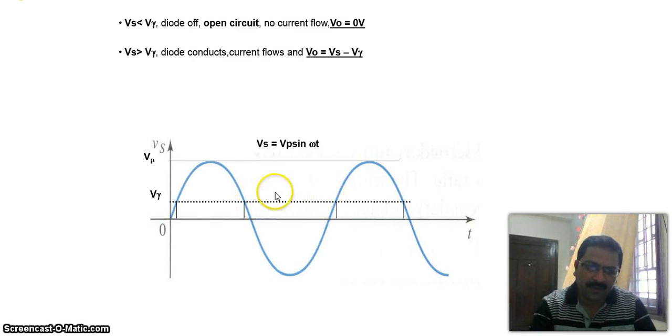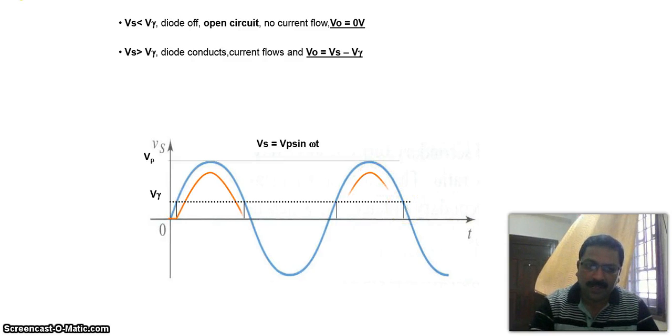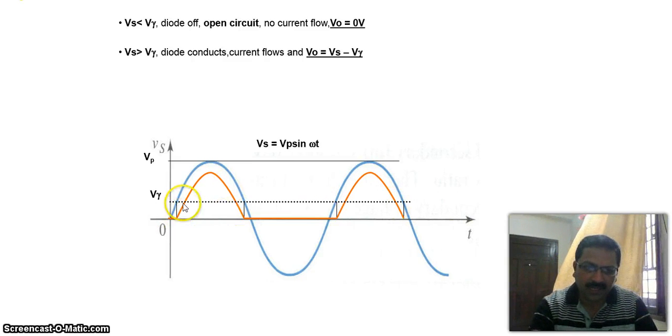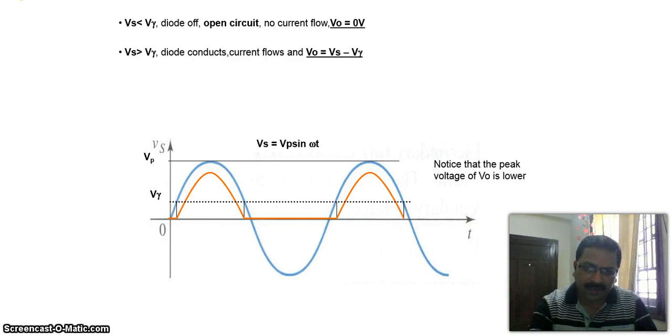For negative voltage it will not conduct. Then again, when the AC voltage goes above 0.7 volts, it will start conducting. Like that, we get the waveform shown in this picture in orange color. This is the output of the half wave rectifier.